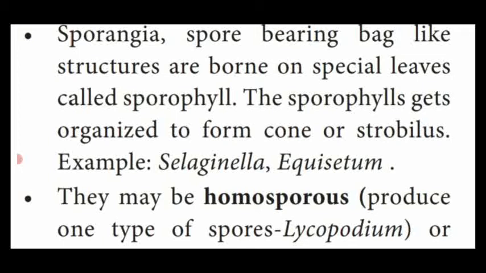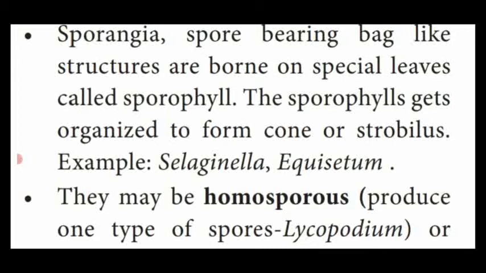Then spores are produced from the bag-like structure known as sporangia, which are born, that means developed, on special leaves known as sporophyll. Dear students, mark it down. What is sporophyll?